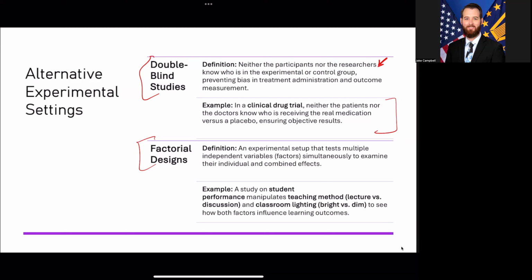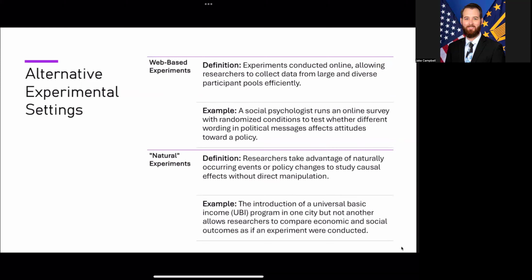But I also might care about the difference between bright classroom lighting and dim lighting to see if that influences learning outcomes. And so in a factorial design, I might have a bright lecture-based class and a dim lecture-based class, and then I might have a bright discussion-based class and a dim discussion-based class, right? Compare and contrast across those multiple groups to see if there's a difference of impact for both characteristics.